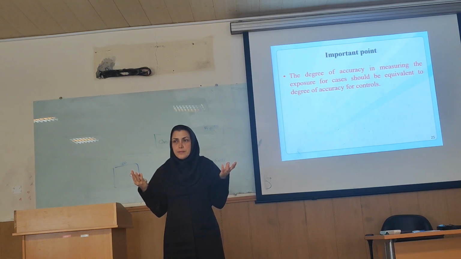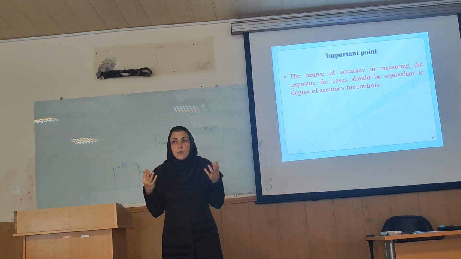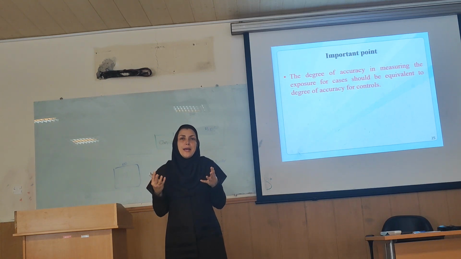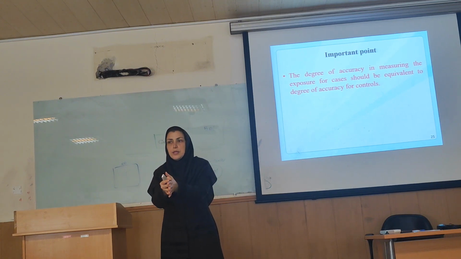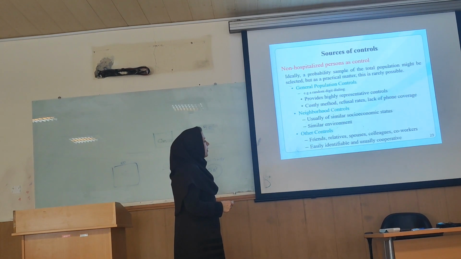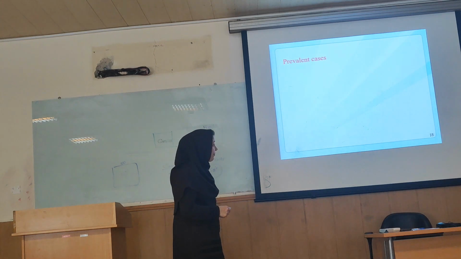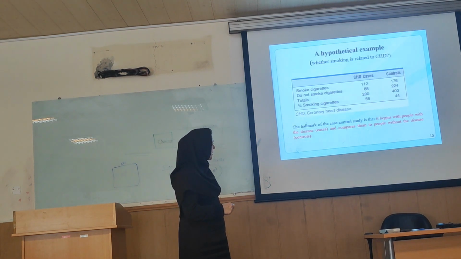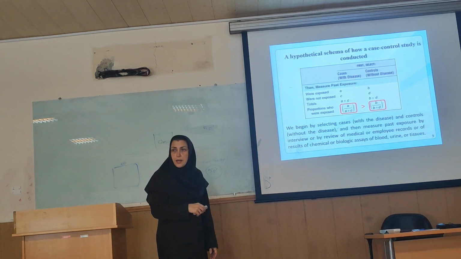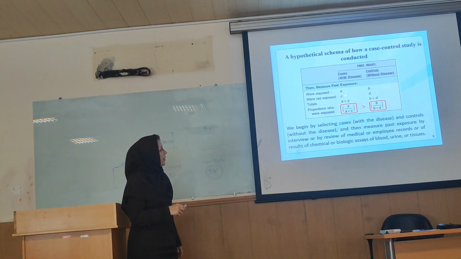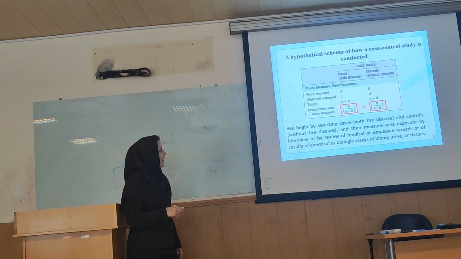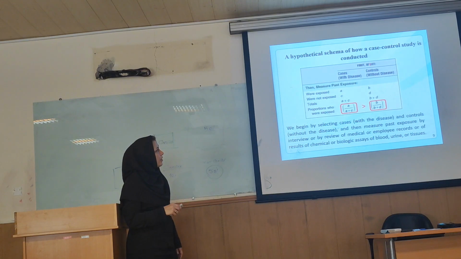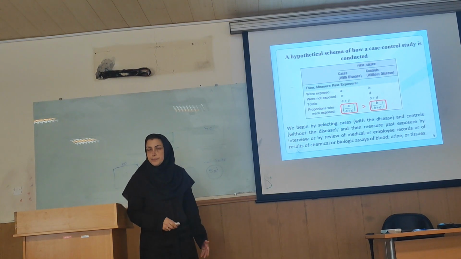How can we show that there is an association with exposure in a case control study? By seeing the prevalence of exposure in the cases and in the controls. Yes, I showed you this slide. We select some cases, we select some controls, and after that we compare the proportion of exposure among cases and controls. Okay?